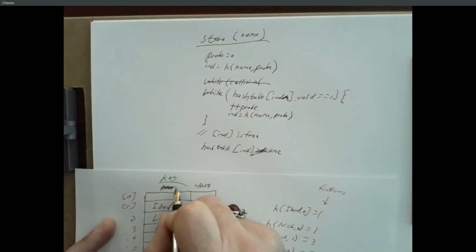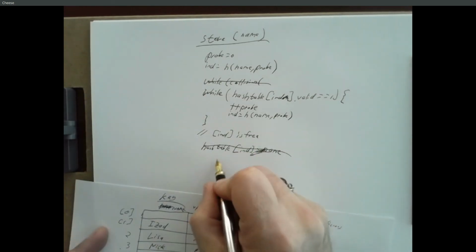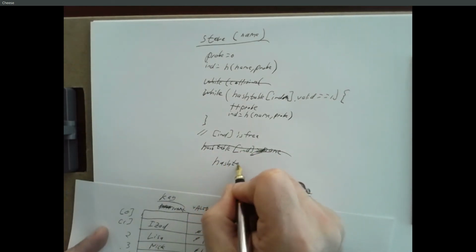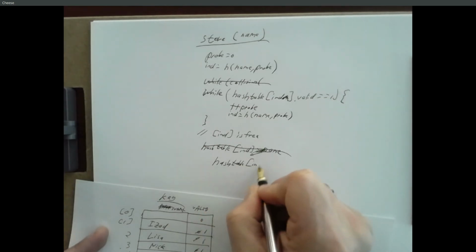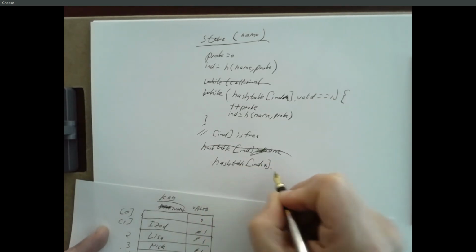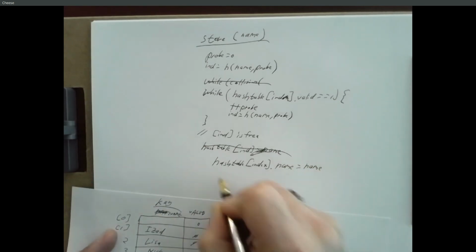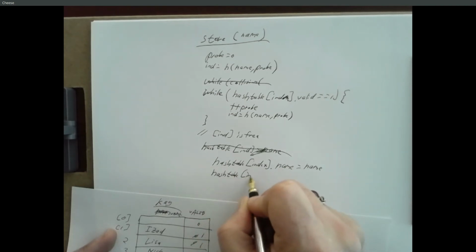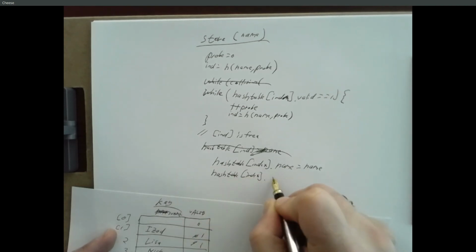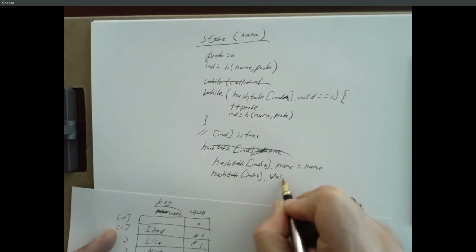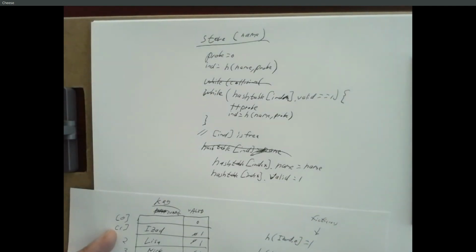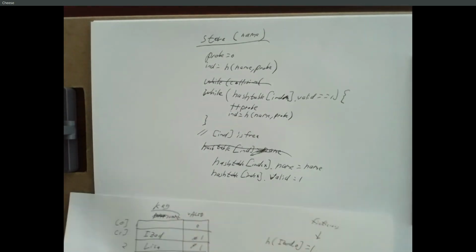I'll just call this the name. Okay, so I'm going to say hash table at that index dot name equals name, and hash table at that index dot valid equals 1. And there's your whole store function.